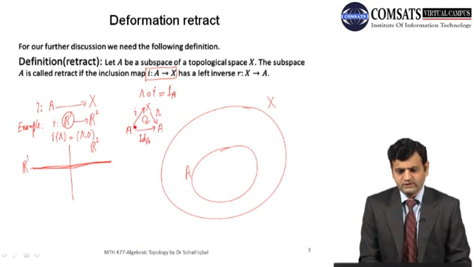So in other words, if we start from A, go to X, and then from X to A, it is the same as going from A to A using the identity map. So that's what it means by a retract.